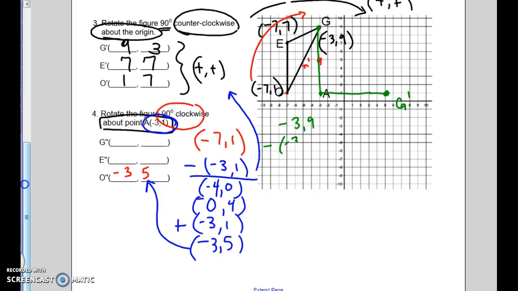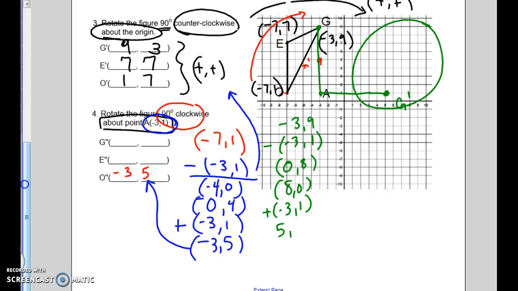I'm going to subtract the negative 3, 1. That would give me 0 and 8. Then I'm going to flip them, so it would be 8, 0. And that one would end up in this quadrant right here, which is positive, positive. And then I would have to add back in the negative 3, 1. That would end up at 5, 1. Is that true where this ended up? 5, 1? Yes, it is. So G prime is 5, 1.